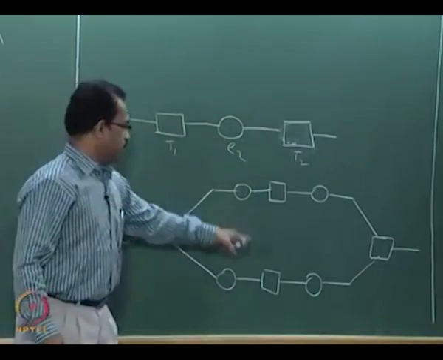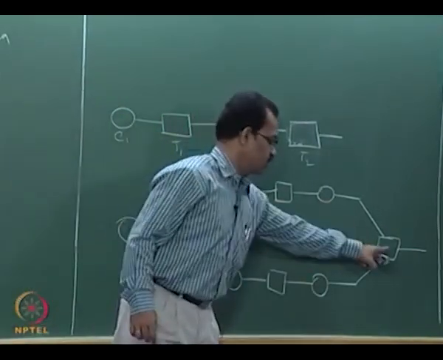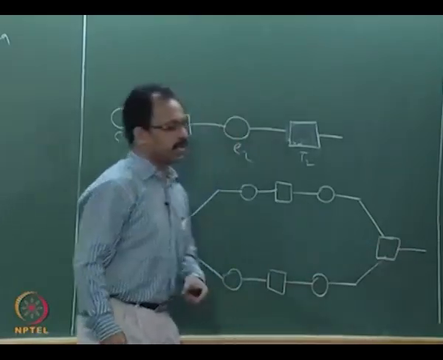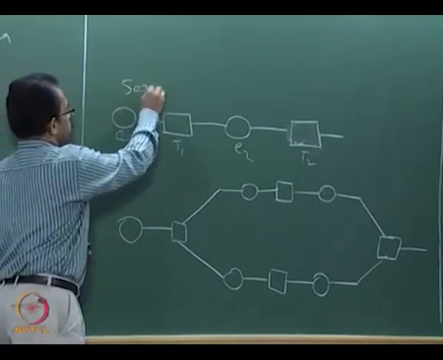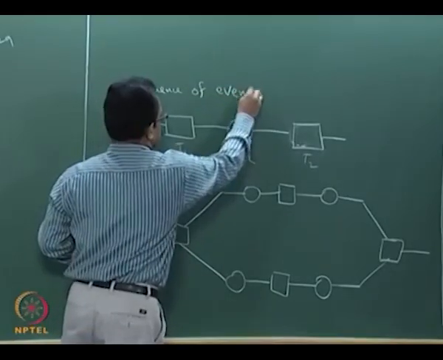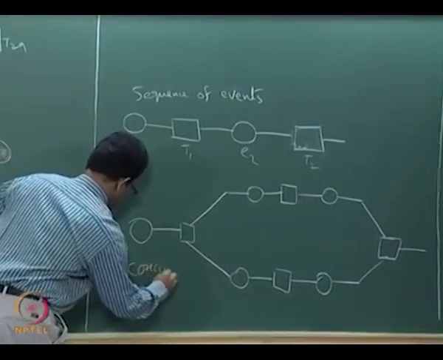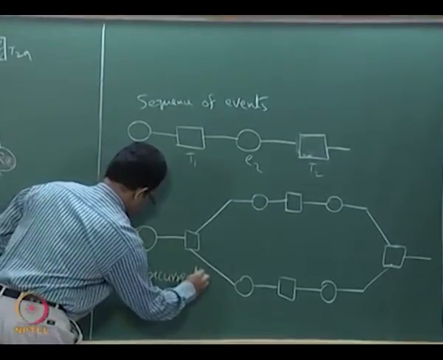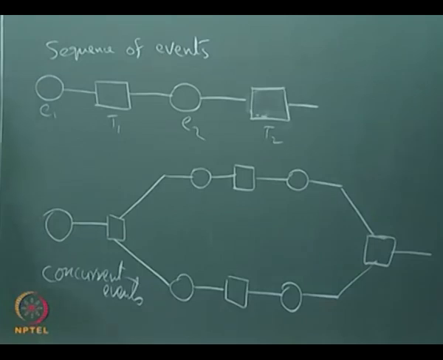These events will happen concurrently, and once these two are ready, only then will this transition take place and finally give an output. So that is the sequence or concurrent execution. This is the serial one or sequence of events, and this is the concurrent event, the concurrency of executions.